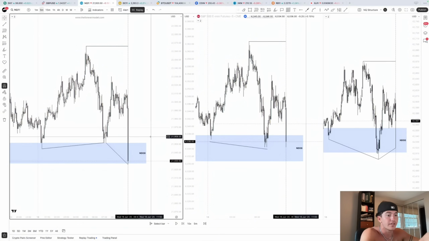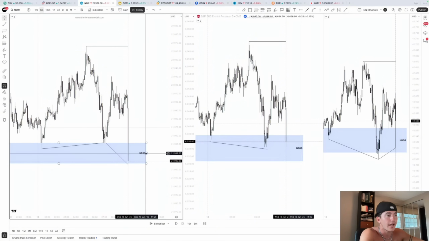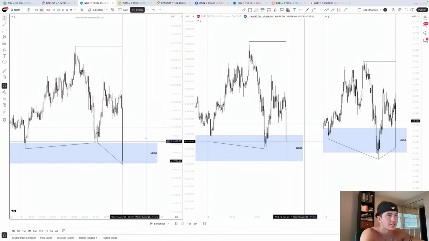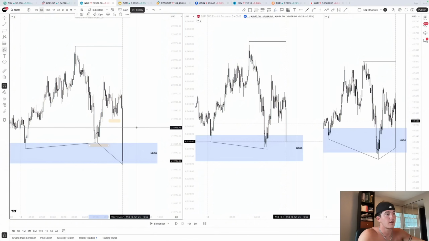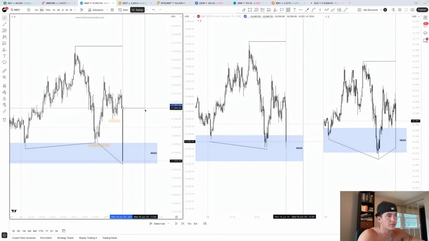Now I'm literally waiting and sitting on my hands for the market to then offer me an area of opportunity to get in. And you guys already know this. What I do next, I wait for the specific candle that clears resting liquidity. We cleared short-term low here, cleared short-term low here, by this specific down close candle.